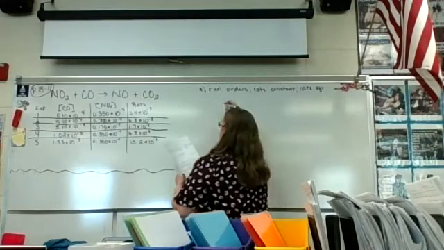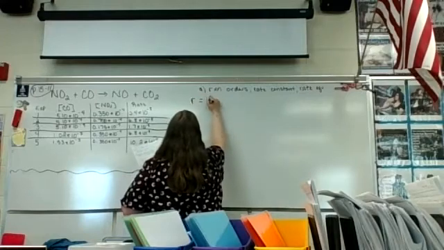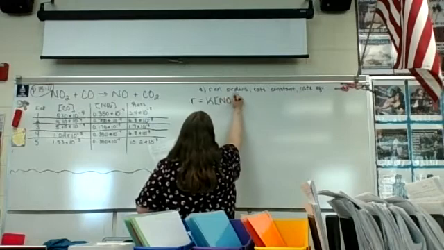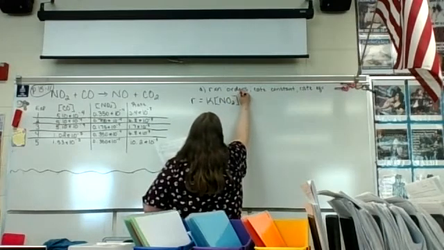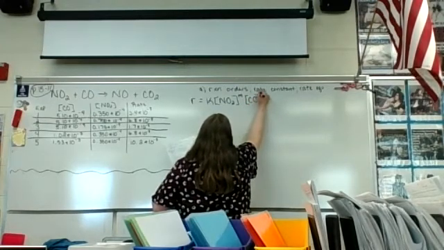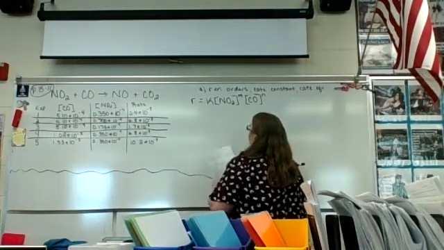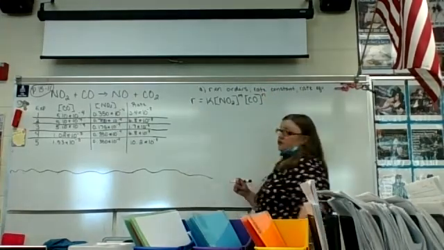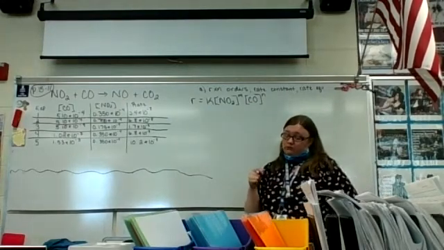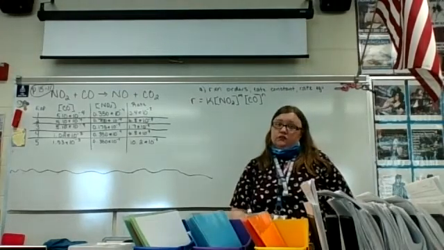But we can write the rate law right now as the rate constant times the concentration of NO2 raised to the reaction order times the concentration of CO raised to that reaction order. So what we're going to do is take the experiment data and take a ratio.